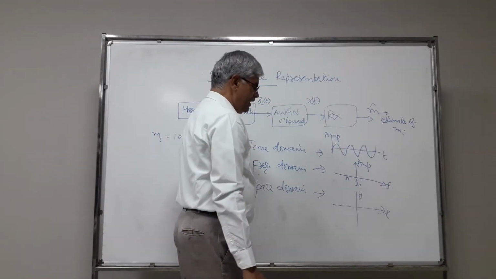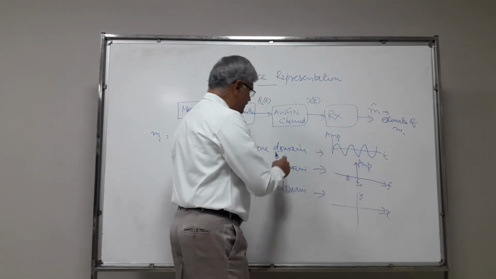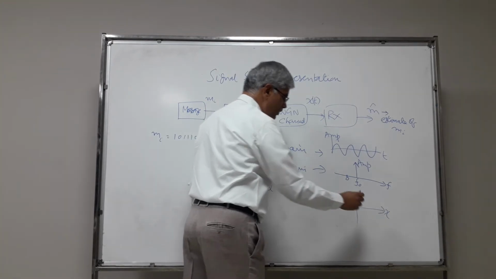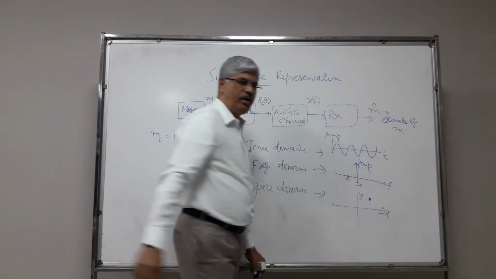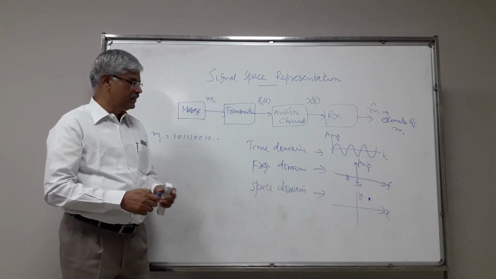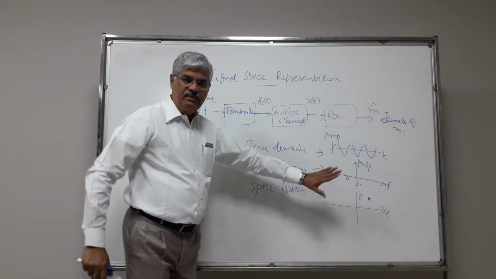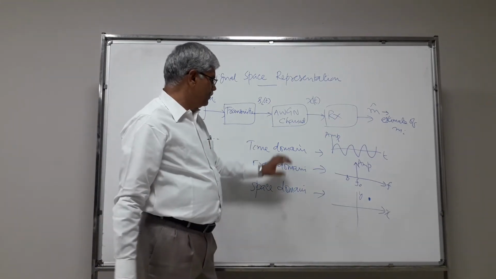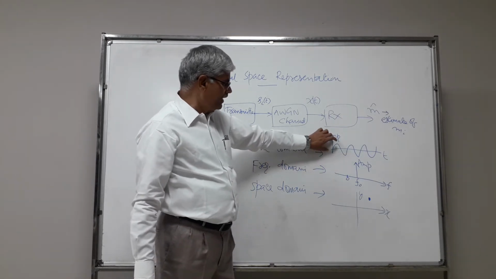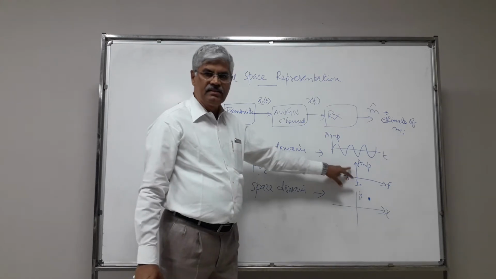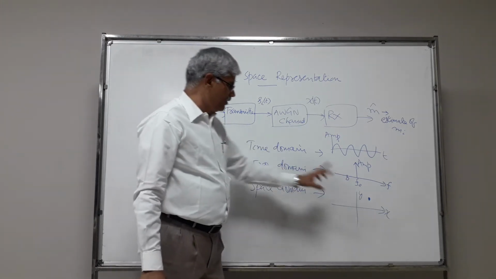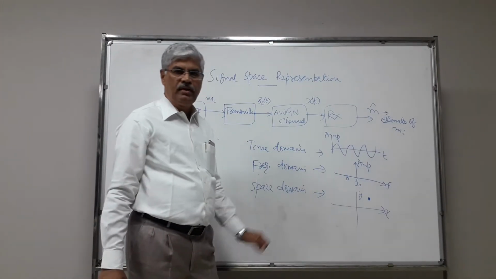Okay? And if you want to represent this signal, you can represent this as one single point. Say one point, that's all. Okay? How to represent, we will see. So we can either represent like this in the time domain, or represent like this in the frequency domain, or you can represent in the space domain as one single point.